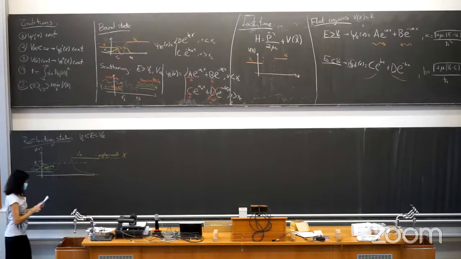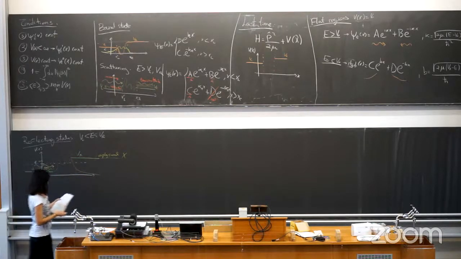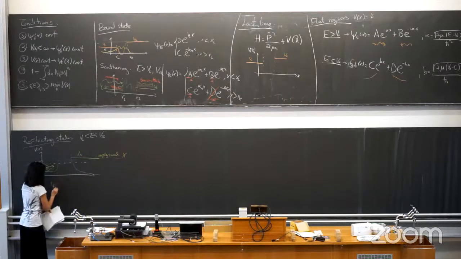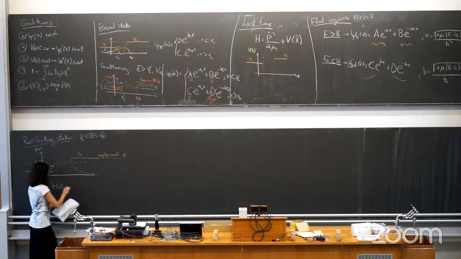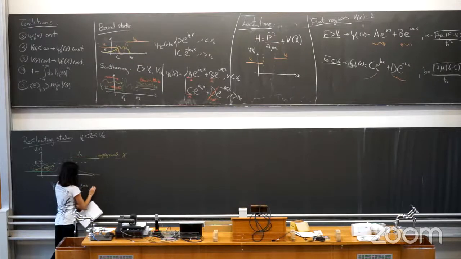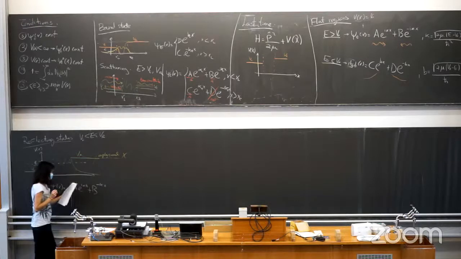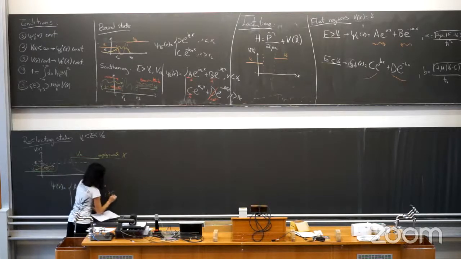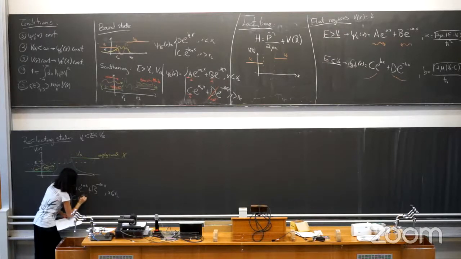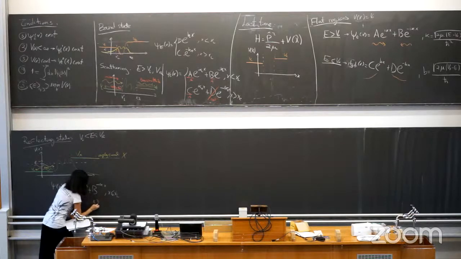So then overall, we have a e^{ikx} plus b e^{-ikx} for x smaller than xL, and c on the right. And in the middle, we don't know what happens, right?